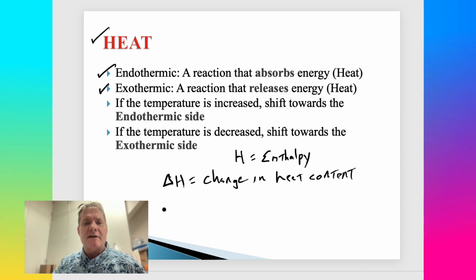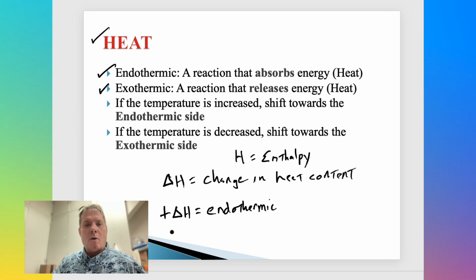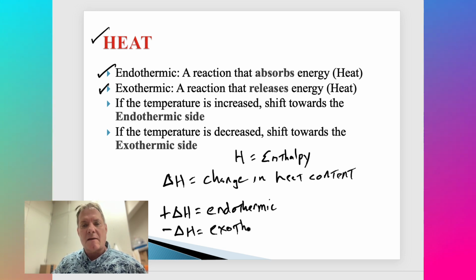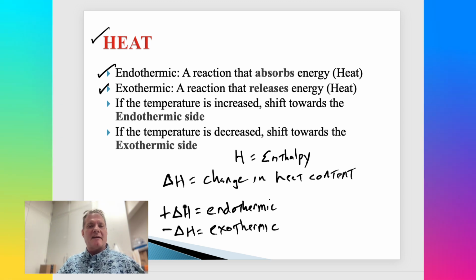So we can have positive increases in delta H, gaining heat, and we call those endothermic processes. Or we can have a loss in the change of heat throughout the reaction, which is the exothermic process. So by simply looking at the sign of our delta H, we can determine whether or not the reaction is exothermic or endothermic.